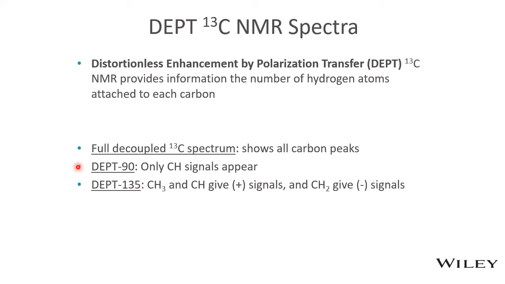DEPT 90 only shows CH signals, so carbons that are bound to 1 hydrogen only. DEPT 135 gives different types of signals. For CH3s and CHs, it gives a positive signal, so that means that the peak is going to appear above the x-axis. If there's CH2s present in the molecule, it gives a negative signal, meaning the peak comes below the x-axis.